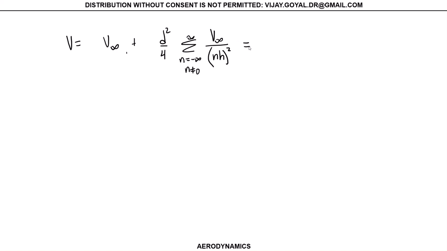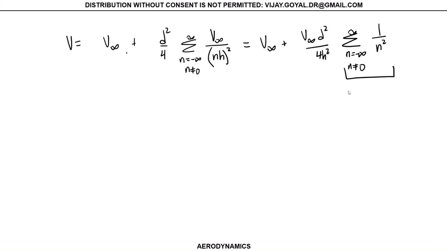So your whole expression becomes V infinite plus V infinite d squared over 4h squared, times the summation of n from minus infinity to infinity of 1 over n squared, n different from 0.